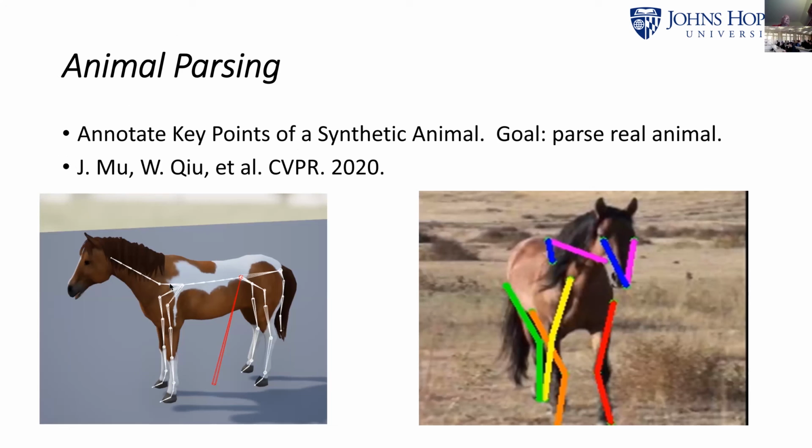You've annotated this point, this point, this point, this point here in the model. You generate lots of images. You want to find if it can find the key points on this real horse. Okay, so this is really extrapolating learning. You've only got one synthetic model of a horse, and yet you want it to generalize to a large data set of real horses.